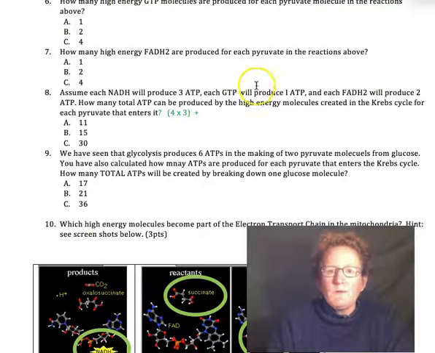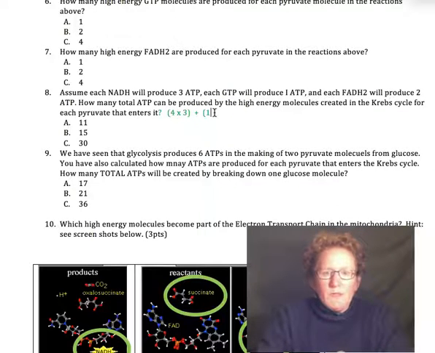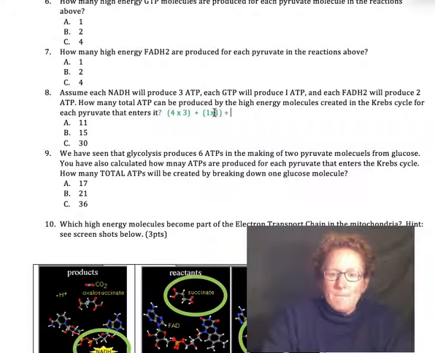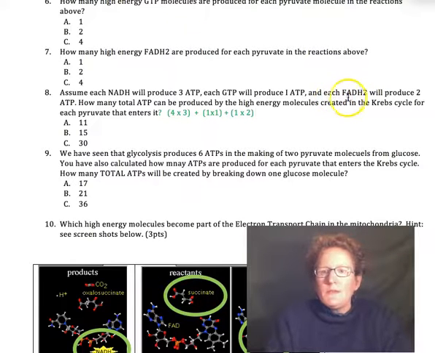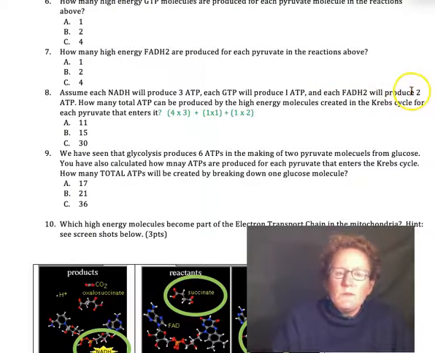GDP, we know we'll produce 1 ATP, and we only made 1 GDP, so that's just 1 times 1. That's easy math. And then we have to figure out how many FADH were produced. That was 1. So we're going to go 1 times 2, as each FADH2 will produce 2 ATP. And we only made 1 FADH.